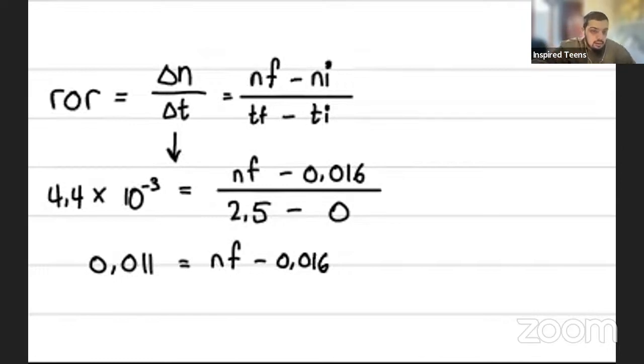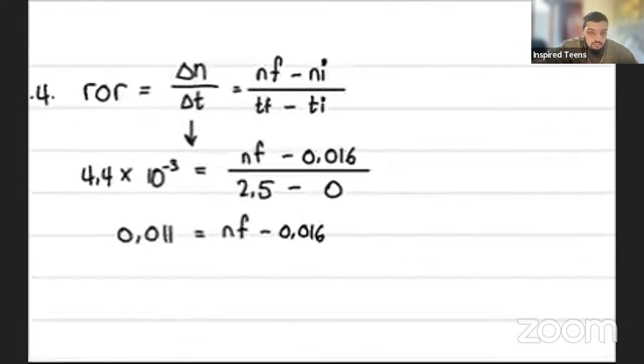Why am I not getting the right answer? Why are they subtracting it?